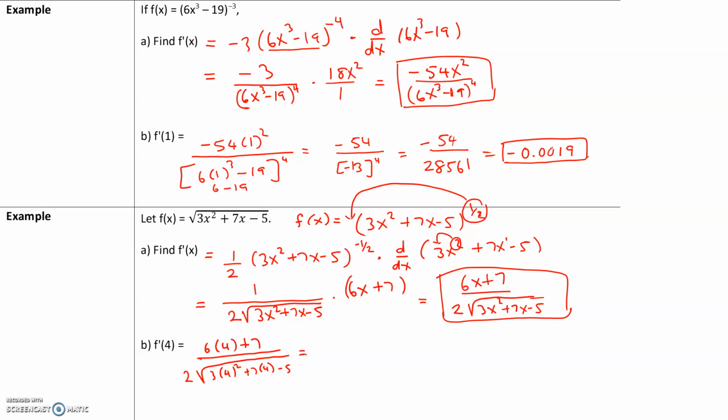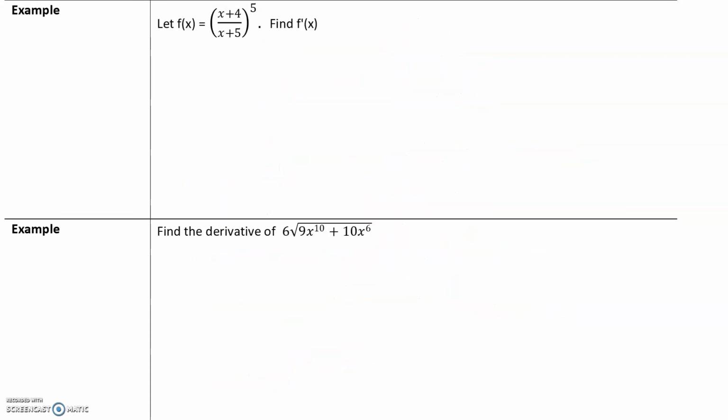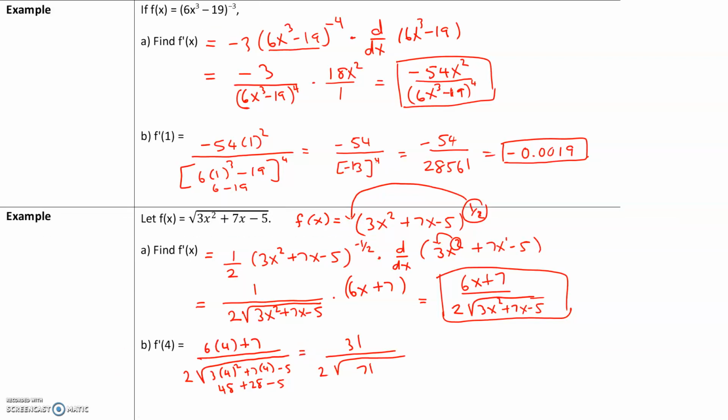If I keep simplifying this, 6 times 4 is 24, plus 7 is 31, divided by 2 times the square root of, let's simplify this a little bit, 4 squared is 16, 16 times 3 is 48, 7 times 4 is 28, and then we have minus 5. So if we add 48 plus 28 minus 5 gives us 71. We have 31 divided by 2 times the square root of 71.